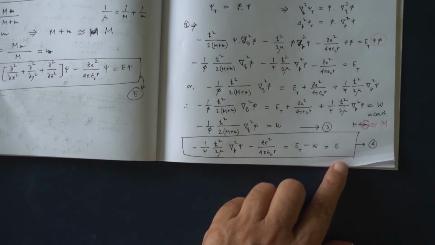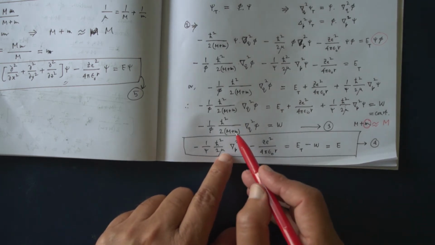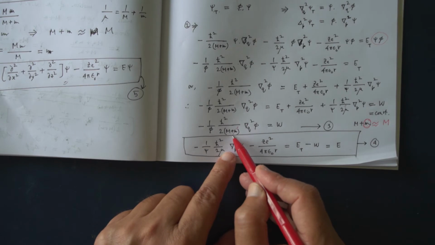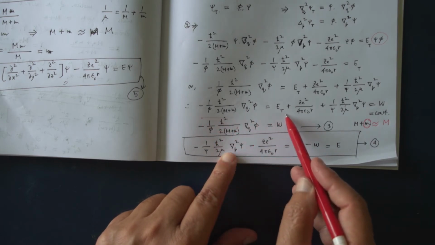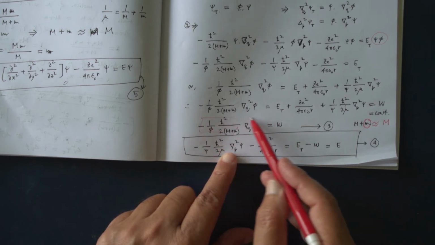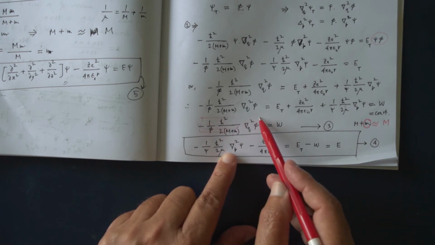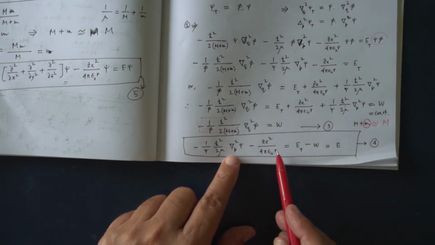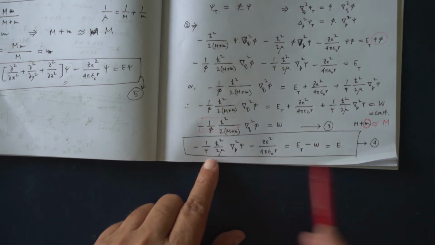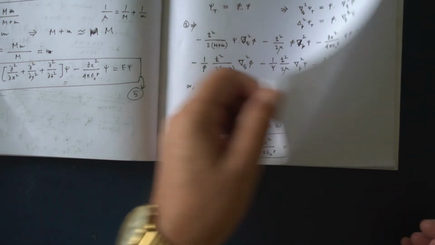Capital M. Okay. So if we neglect this, this will be the equation for the nucleus. Similarly, here what is mu?